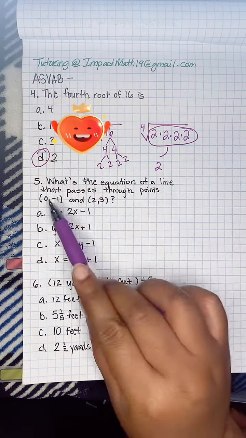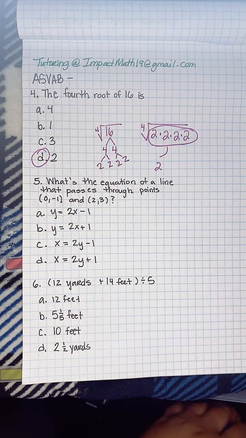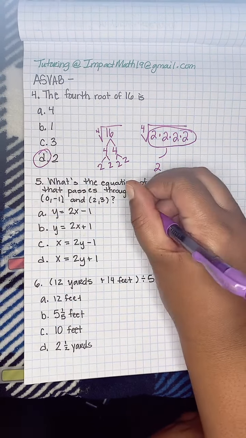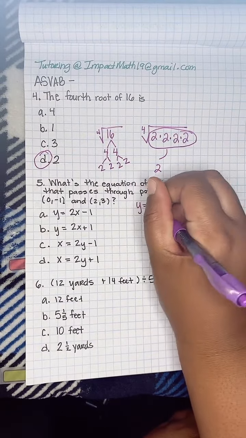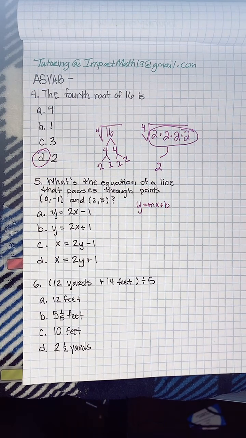What's the equation of a line that passes through points (0, -1) and (2, 3)? Whenever you're trying to write an equation, you usually want to write it in the form y equals mx plus b.